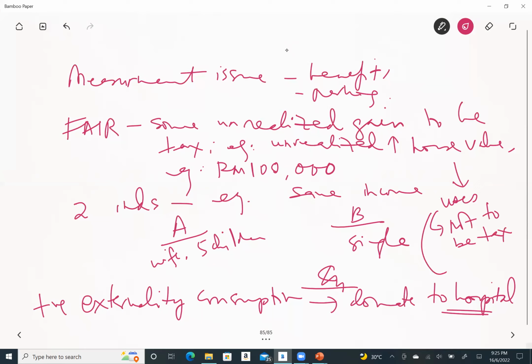And income from some sources should also not be taxed. So this is the discussion that we are going to look at. We are going to go into more detail.